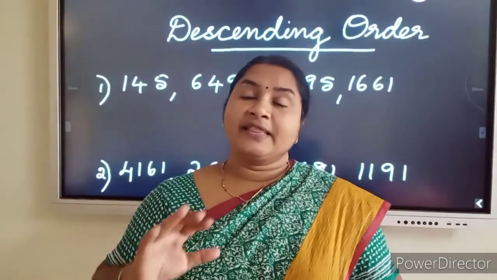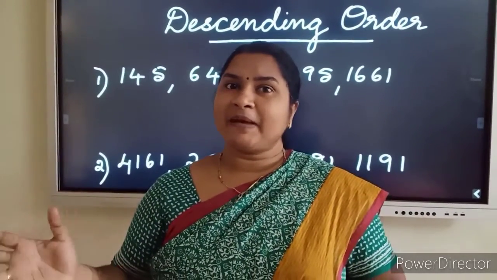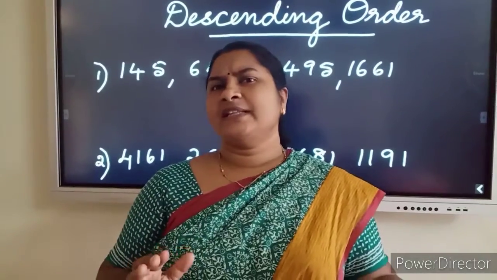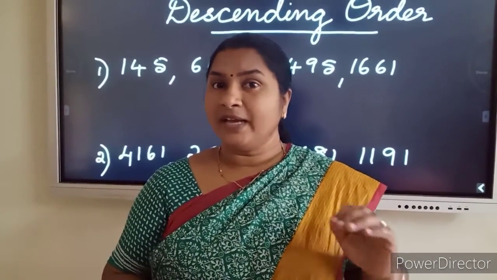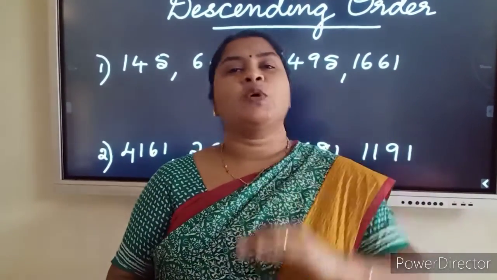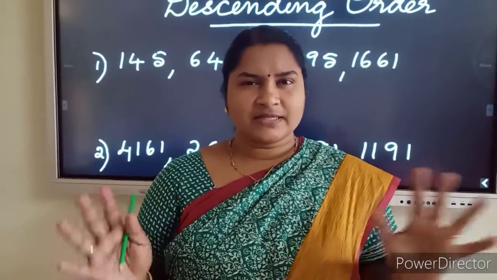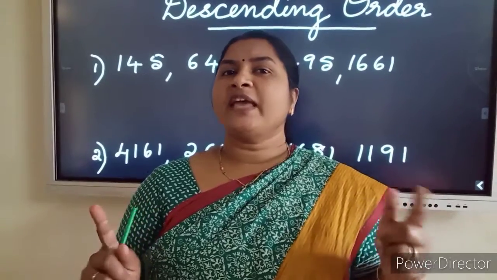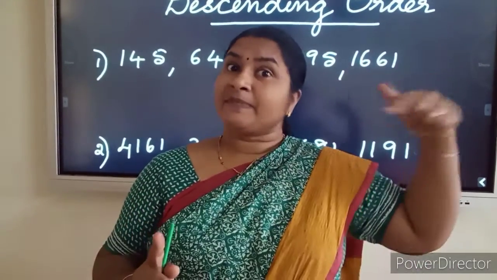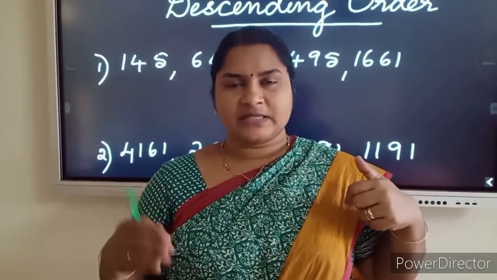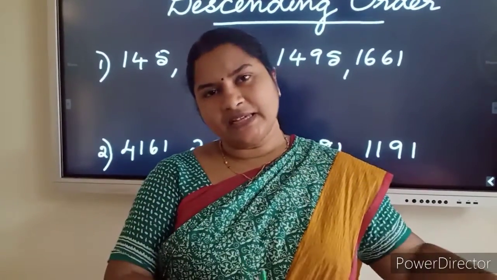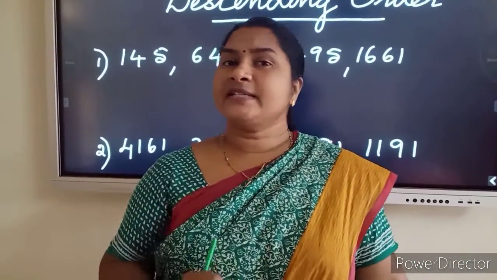No? Okay. Then we have to move to the next part, that is just the opposite: the arrangement of numbers from the biggest to the smallest. The same rule we can take for this, but the only thing we have to change is that the biggest we have to sort out first, and the smallest will be the last. That is called descending order.